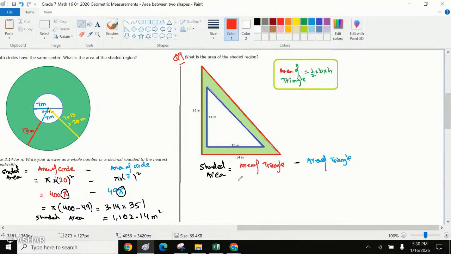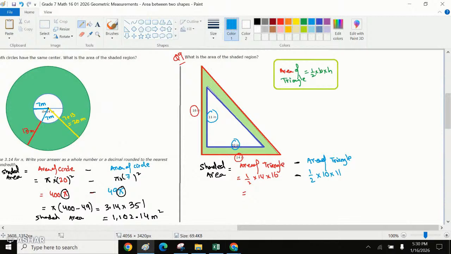So the first one is half, the base was 14 and the height was 16, minus the area of the triangle whose base is 10 and height is 11, half multiplied by 10 multiplied by 11.